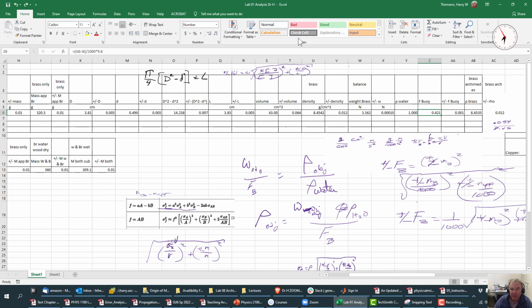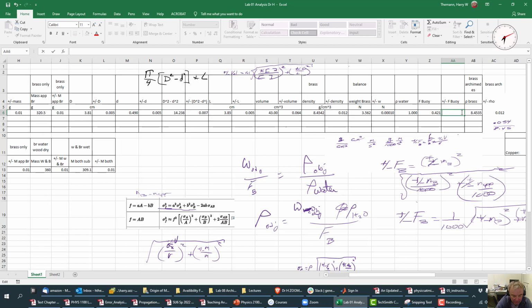One more time. This first of all has to be cleared out. The buoyancy is 0.421 newtons, slightly different than before.